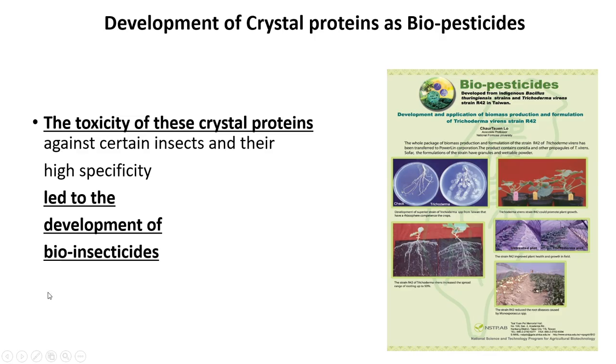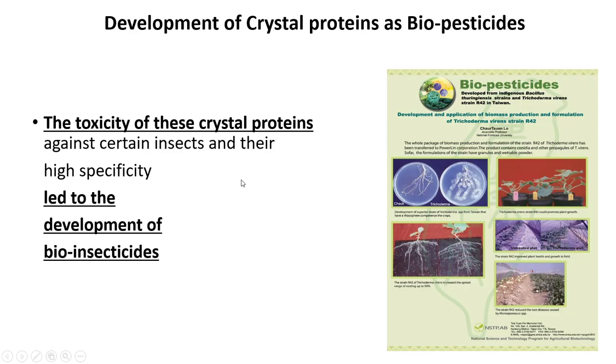Because of so many drawbacks of chemical pesticides, researchers started developing crystal protein as a biopesticide. The major attraction of these crystal proteins is their toxicity against certain insects and their high specificity, which led to the development of bioinsecticide.